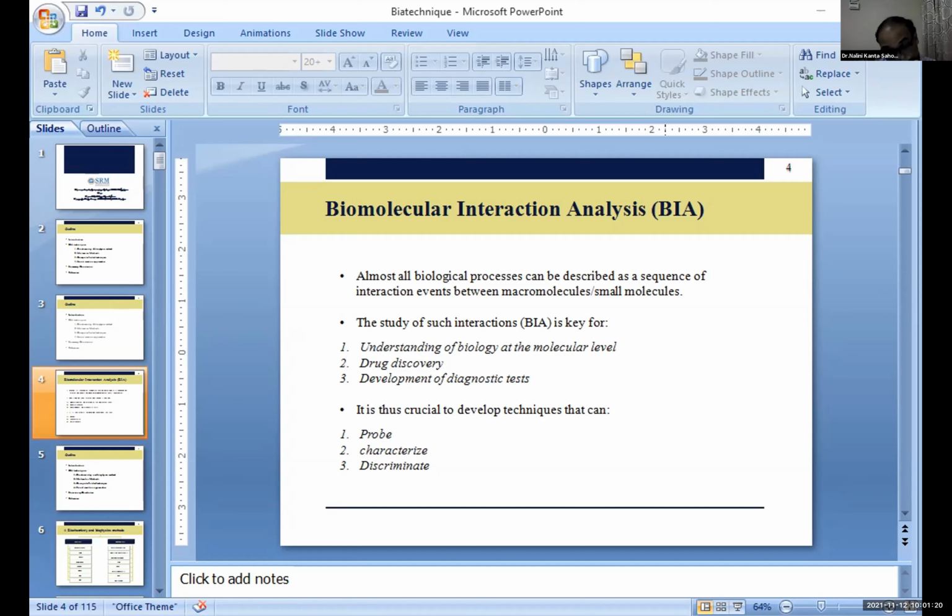Then you need to expose it in the FTIR, and you can know what kind of interaction is there, and whenever IR radiation passes through that particular sample, this is the main advantage.